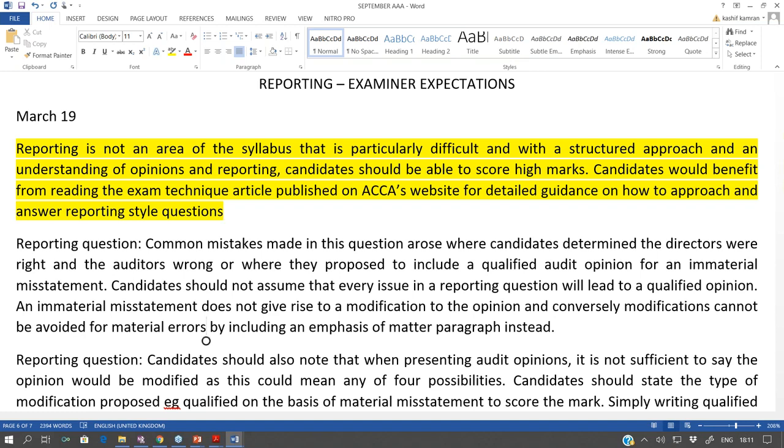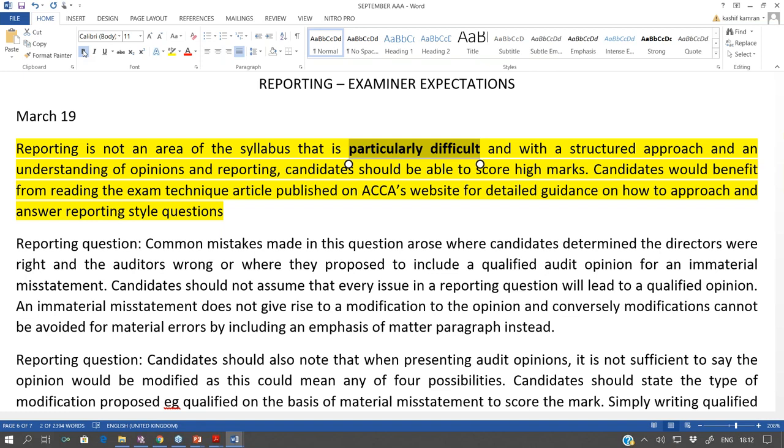reporting is not an area of the syllabus that is particularly difficult. See, reporting is an area of the syllabus that is not difficult, and that is true. And with a structured approach and an understanding of the opinions and reporting, candidates should be able to score high marks.